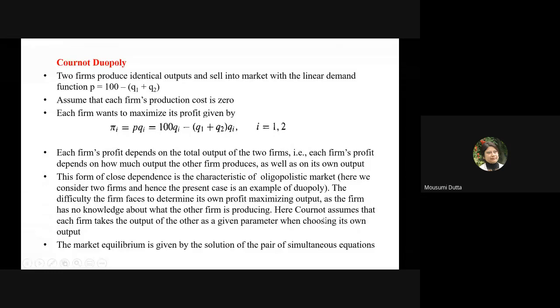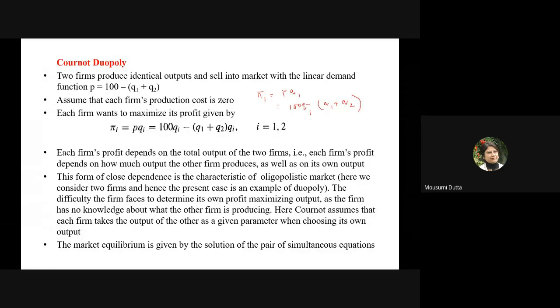Okay. Now, if anybody has any problem, I'm writing the equation. In the P equation, this is my P equation.